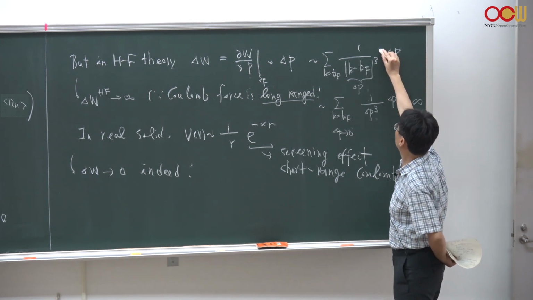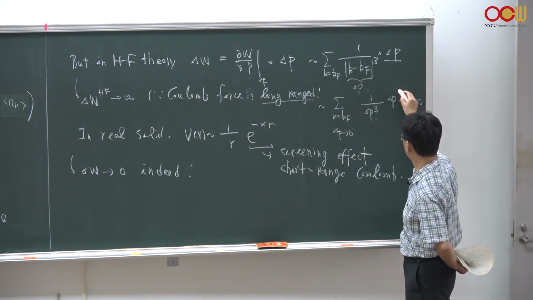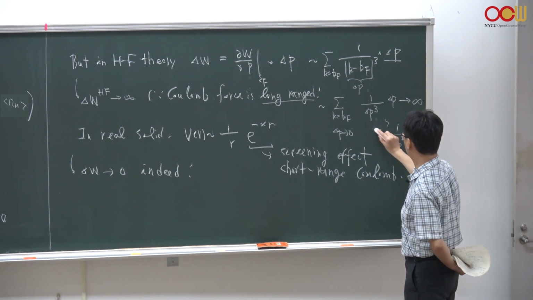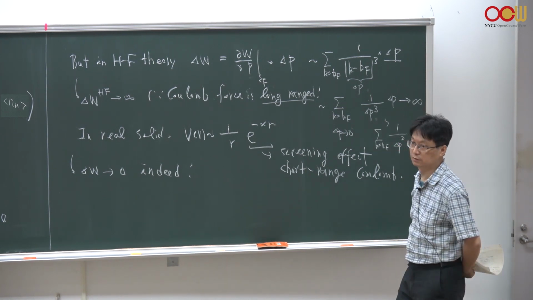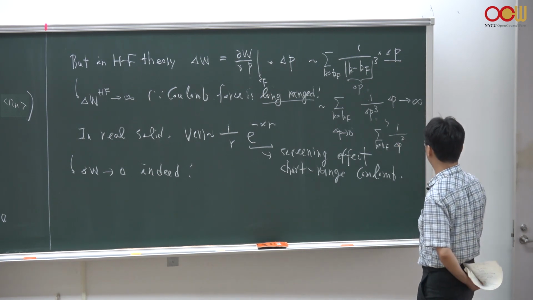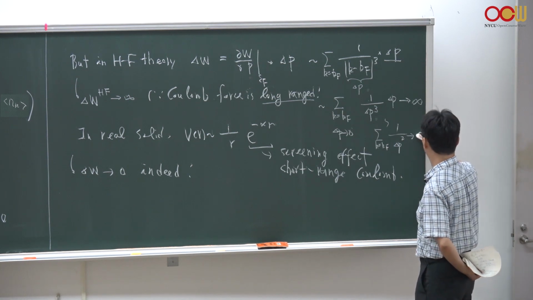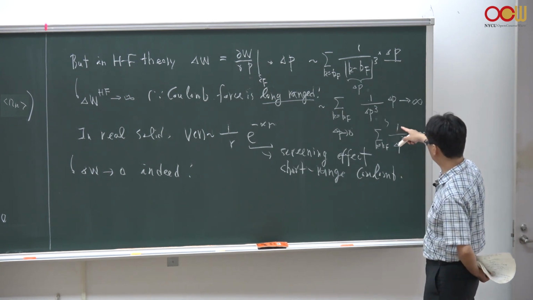And then, of course, you have a delta P in the numerator. But when you cancel this, you still get 1 over delta P squared, and you sum over all this momentum very close to the Fermi momentum. And when delta P vanishes, this actually diverges to infinity with a speed that is proportional to 1 over delta P squared.